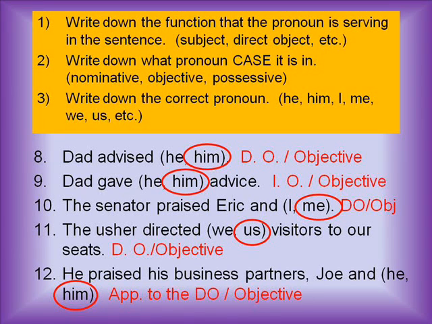Number 11, the usher directed us visitors to our seats. Us is the direct object, and therefore you use the objective case. And number 12, he praised his business partners, Joe and him. Him is the appositive to the direct object, which is partners, and therefore you use the objective case.